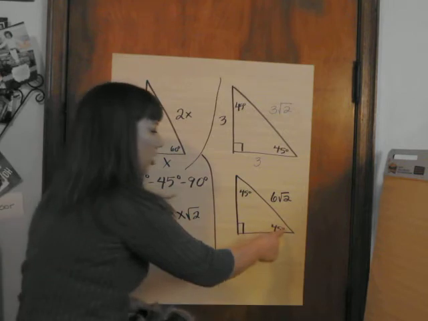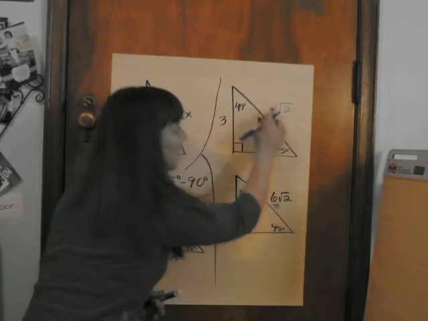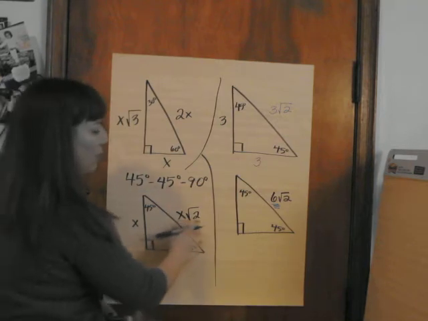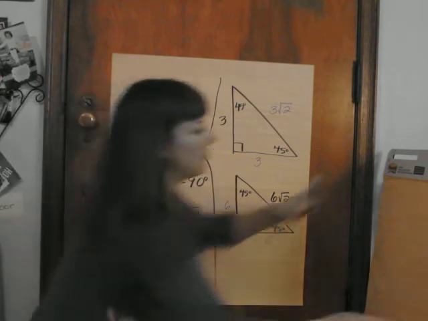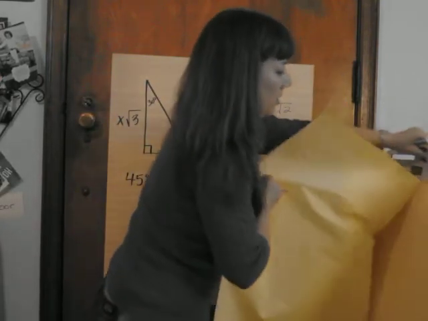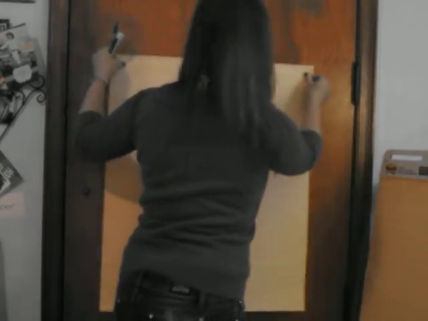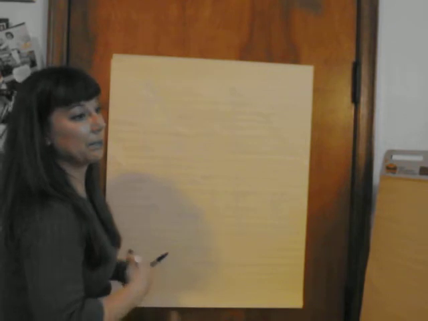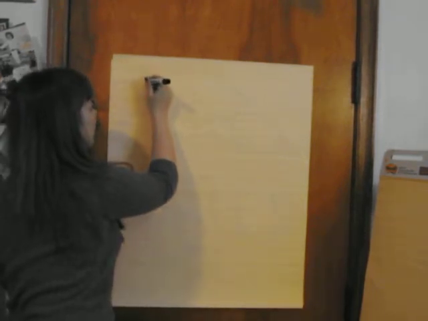Well, that means that the side across from 45 would just be the x part of the radical 2. So this would be 6, and this would be 6. Okay? Now, of course, I can do that funky mean thing that I did before with 30, 60, 90 triangles, and I can make the side across from 90 a whole number, in which case everything kind of changes.